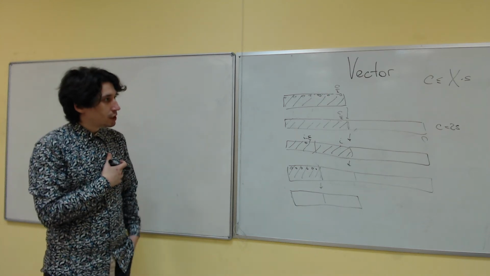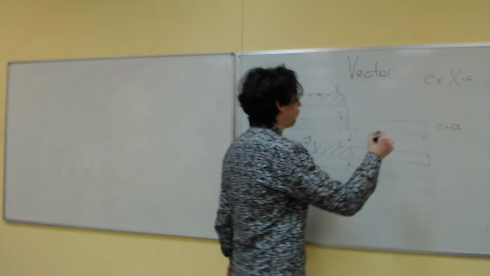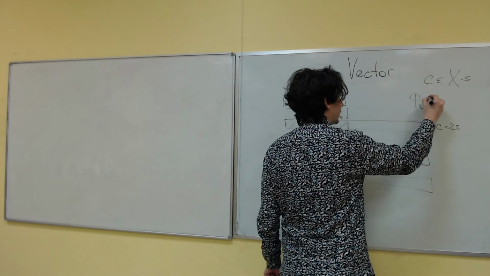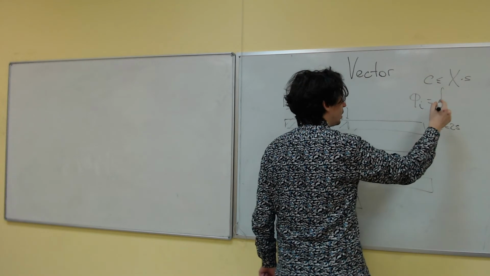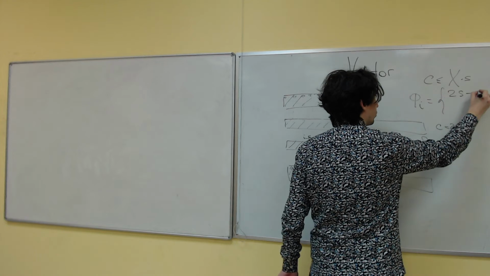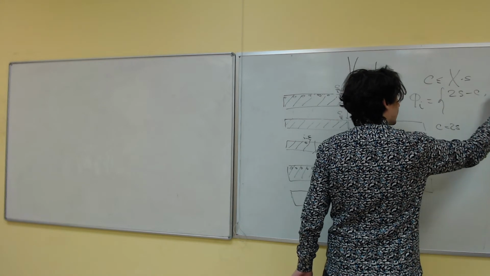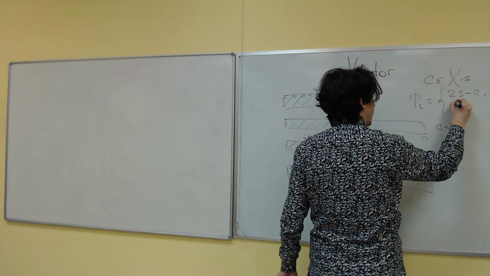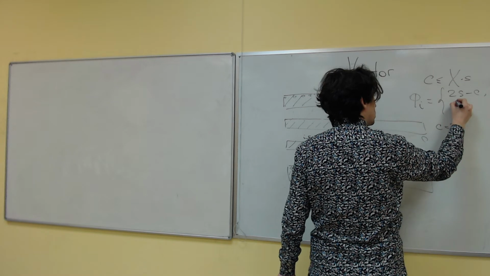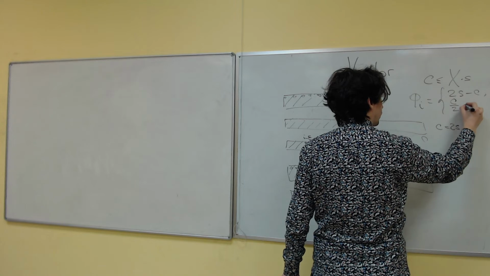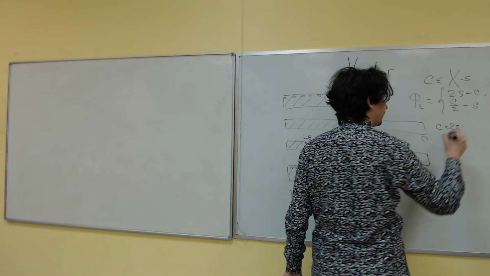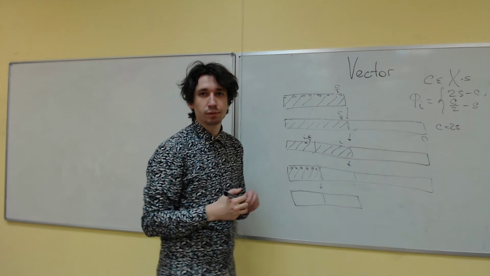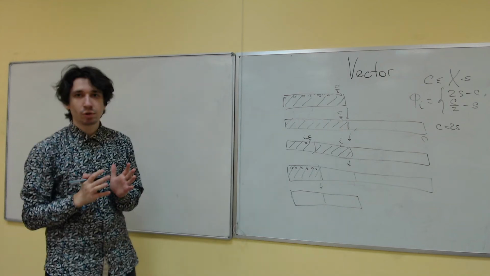Okay, so for this there is a potential, if you are interested. It is 2s minus c when s is bigger than c over 2, or otherwise it is c over 2 minus s, if I'm not mistaken.